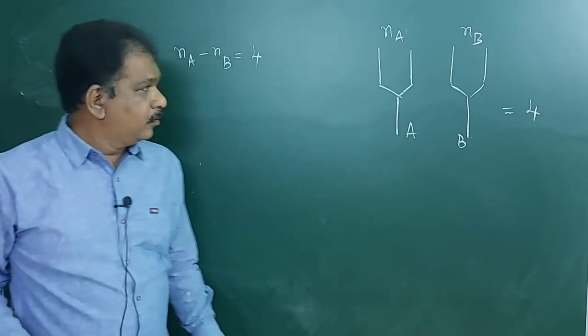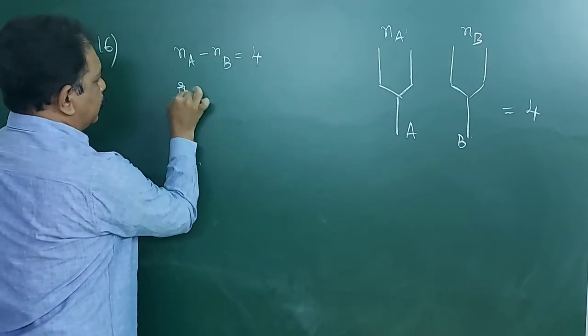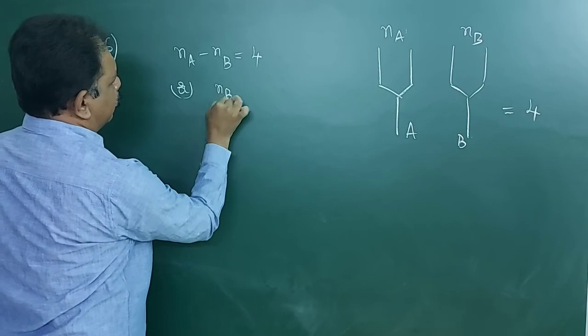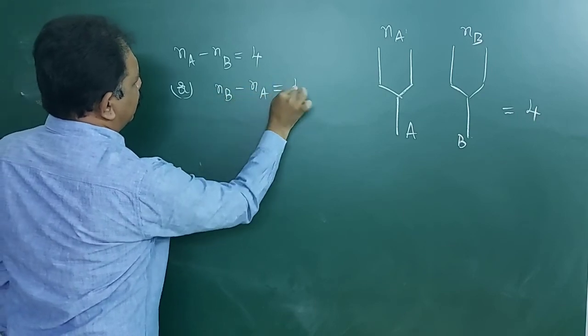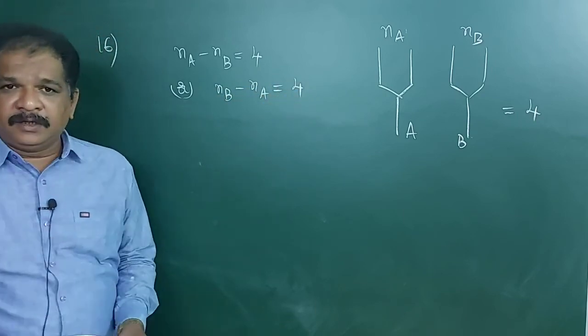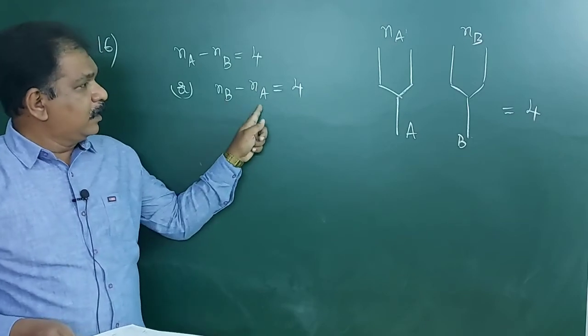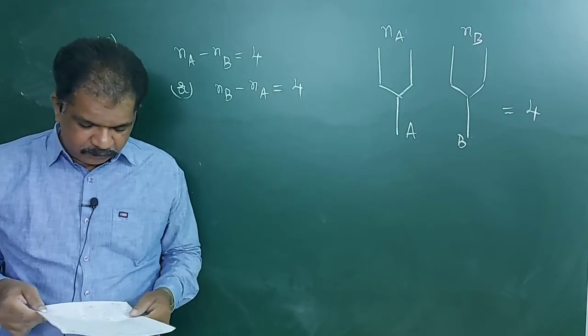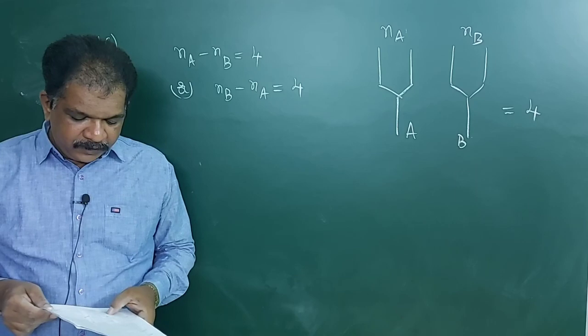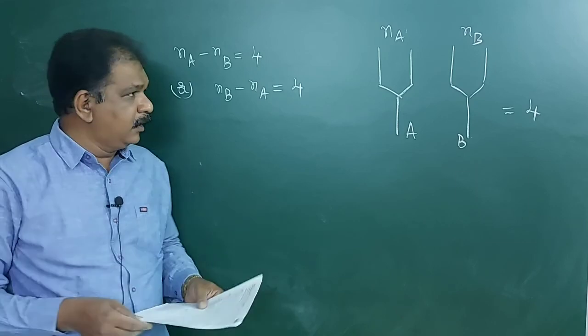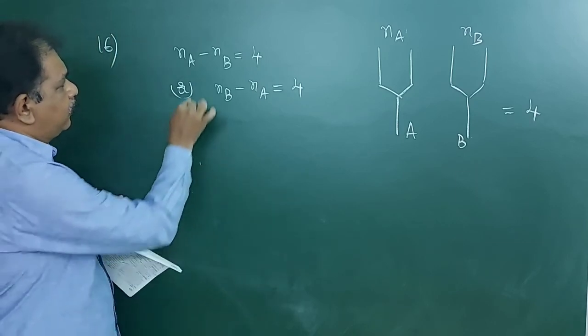We don't know whether nA is more or nB is more. So we can take nA minus nB is 4 or nB minus nA is 4. Frequency of fork B is 384.